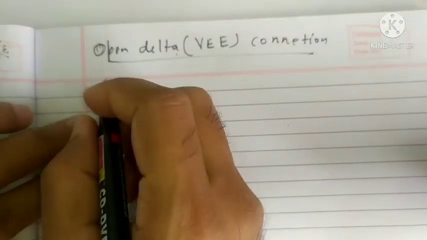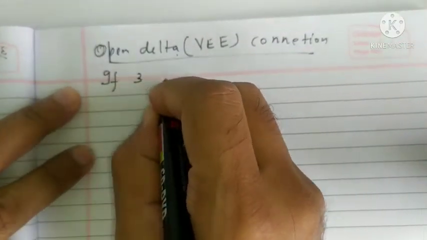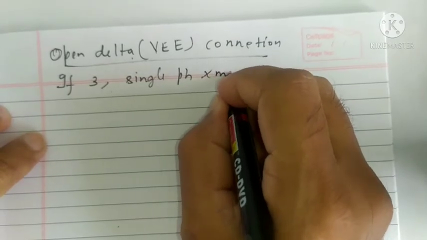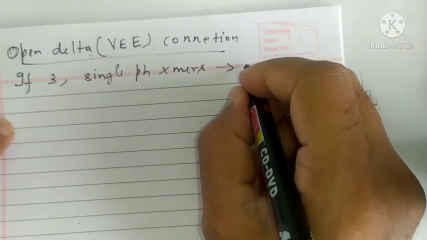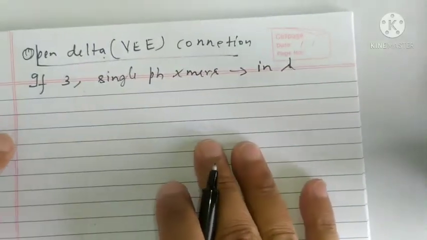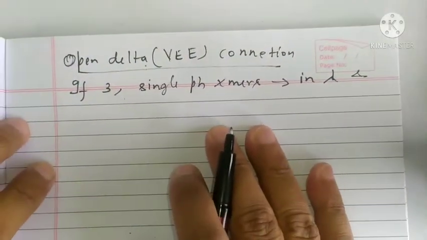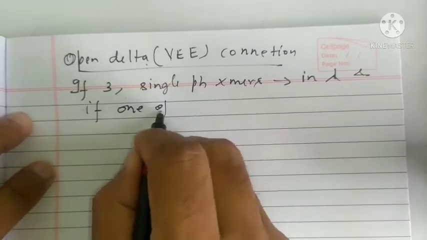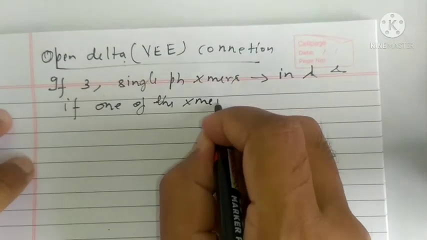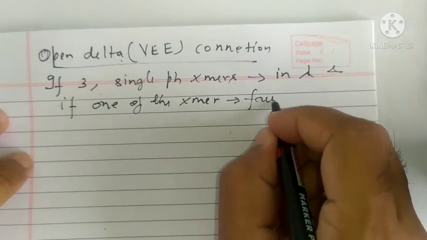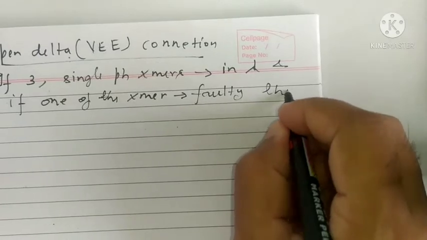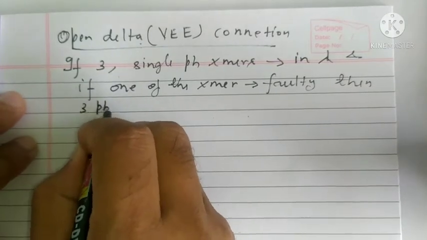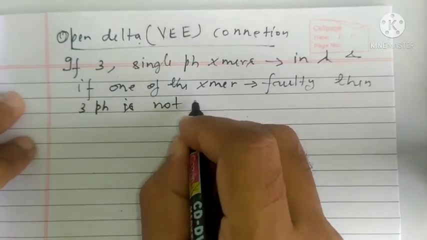If three single phase transformers are connected in star, and if one of the transformers becomes faulty, then three phase supply is not possible by this connection.